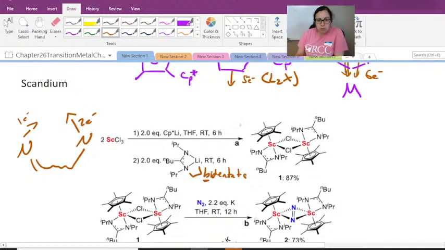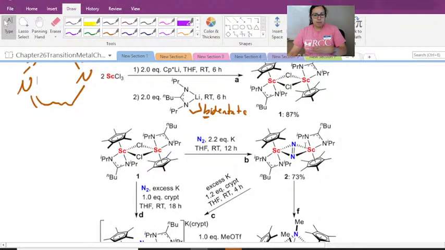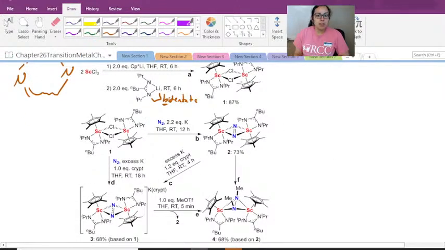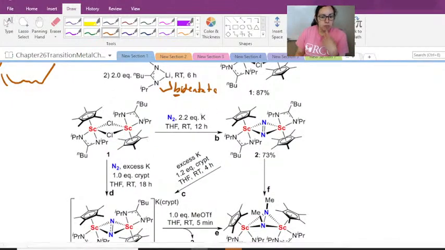But then what's cool is, you made this sort of intermediate species, so they're held together by the chlorines. And then what was nice is they were able to take this compound and reduce it by 2 different methods, both in the presence of nitrogen. This kind of gives you an idea what people use.